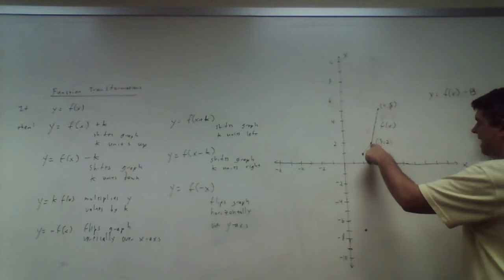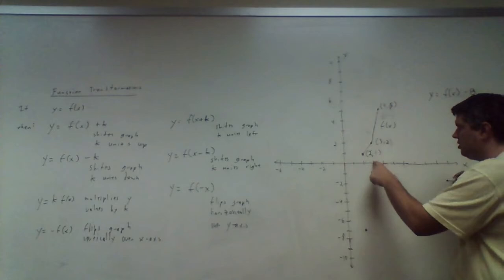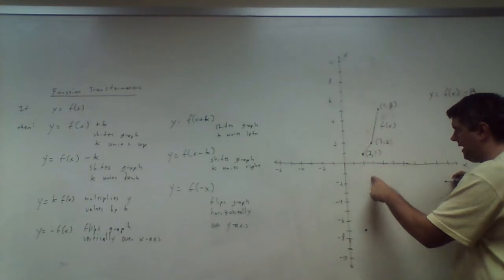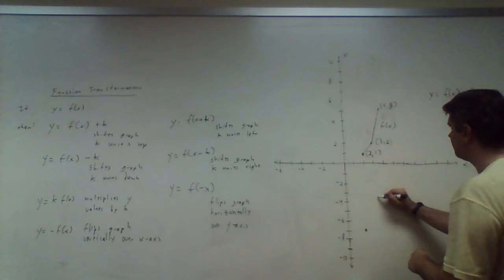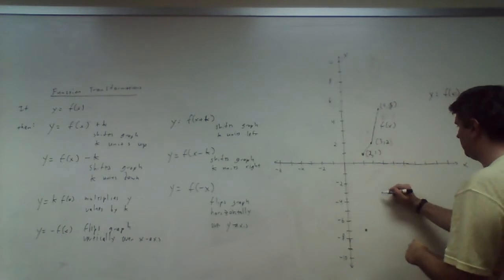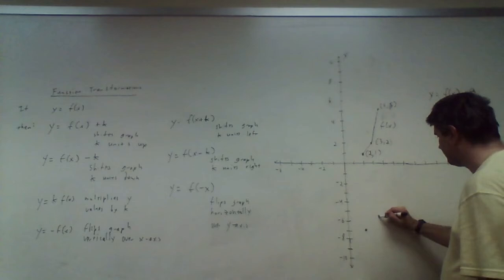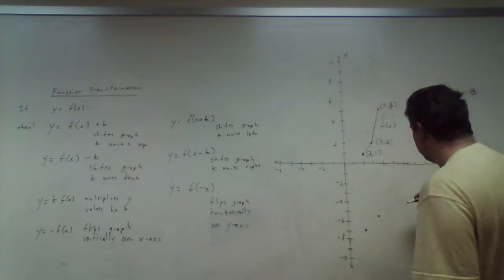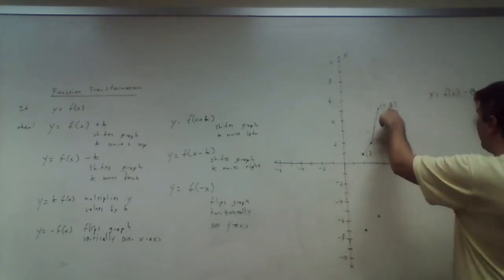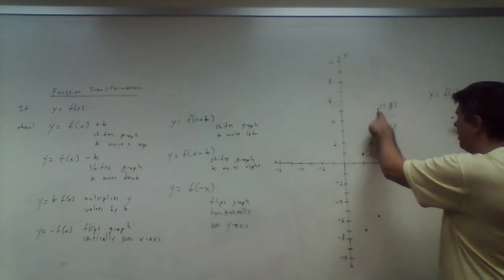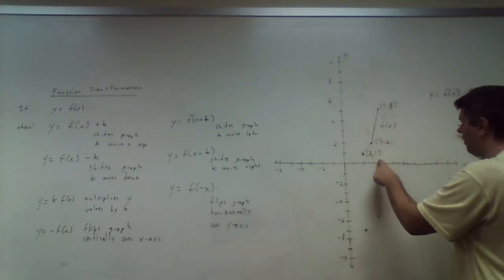3 take away 8 is negative 6, so we're going down 8 units. 1, 2, 3, 4, 5, 6, 7, 8. And then this other one, 5 take away 8 will be negative 3, but we're going down 8 units.